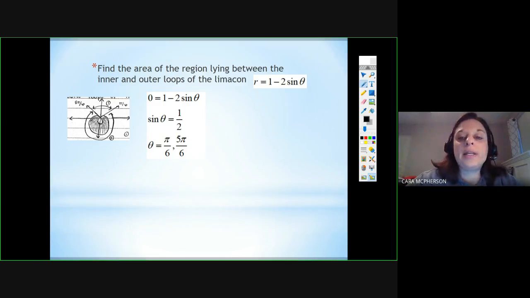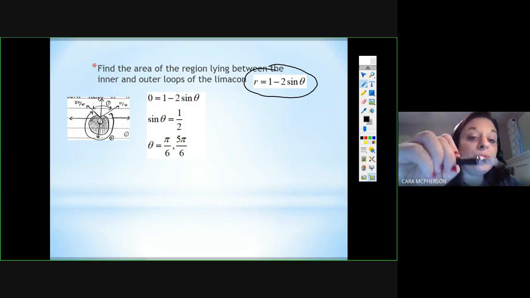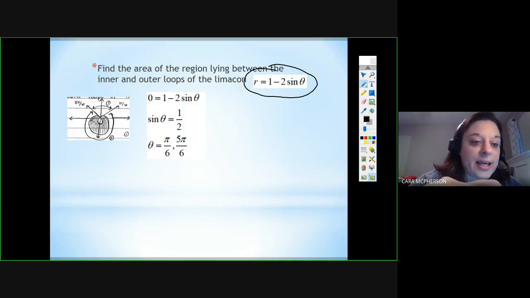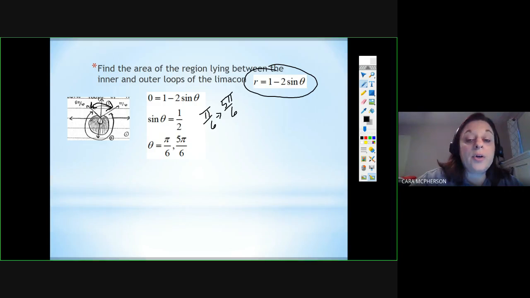If you type in this equation and go to your window and change your theta values, you can see what's going to make the loop, what's going to make the whole thing. If you just graph from pi over 6 to 5 pi over 6, this in-between angle piece, you would get just the loop. So going from pi over 6 to 5 pi over 6 creates that inner loop.